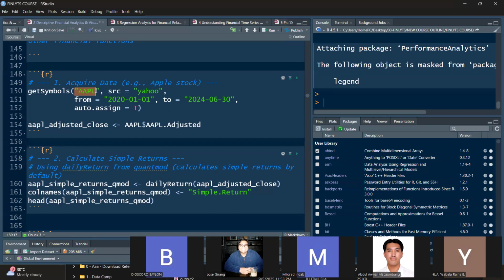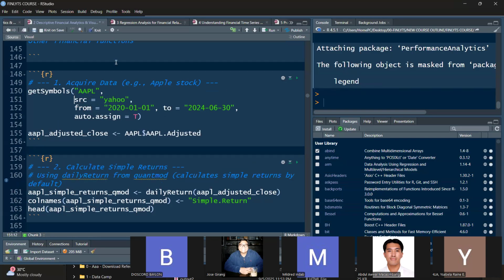This is Apple's ticker symbol. Source is equal to Yahoo. And then the dates from 2020-01-01 to 2024, June 30. And then auto.assign is equal to TRUE, which means that you're telling R to create an object and name it as Apple.